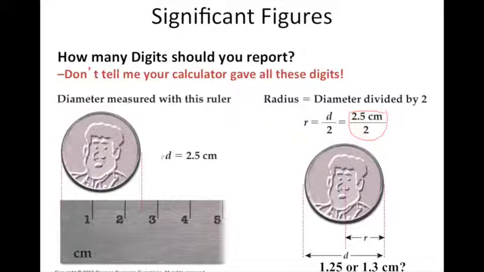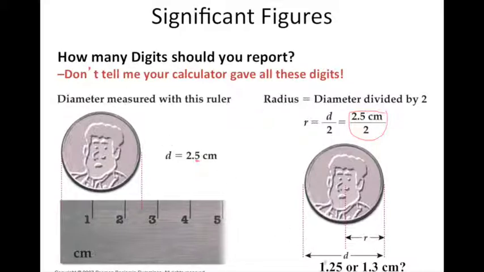Our measurement was only certain to the tenths place. The ones place we know, and the tenths place we know with some certainty. But when we divide it by 2, our calculator tells us that now we have a number that is to the hundredths place. So do you see what happened here, or the issue?